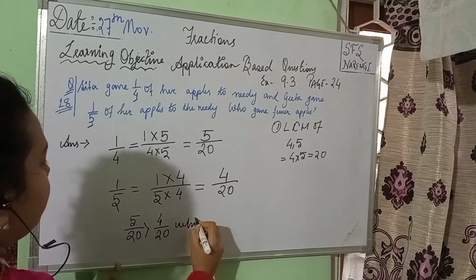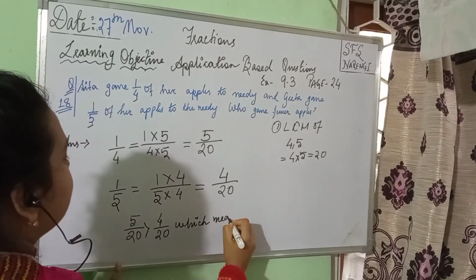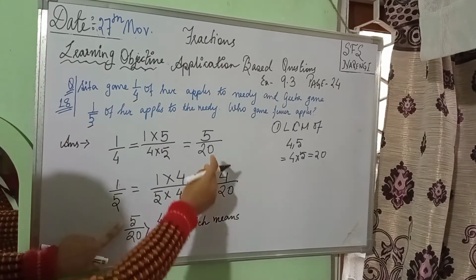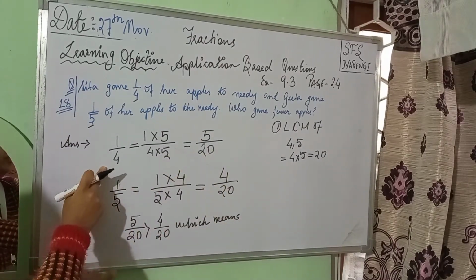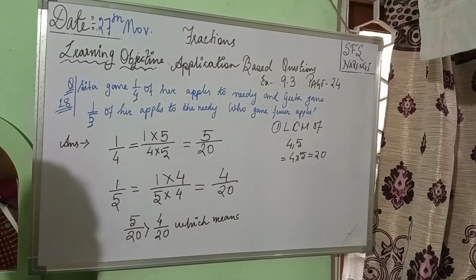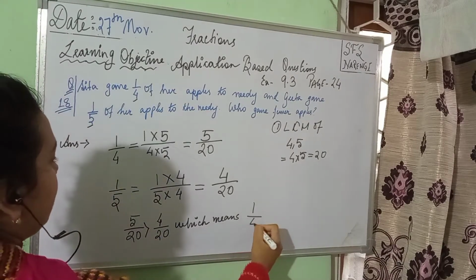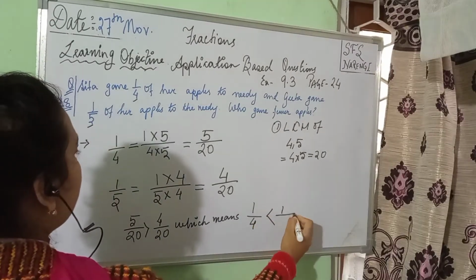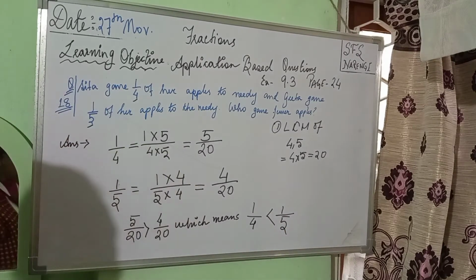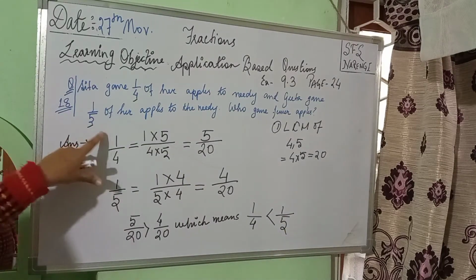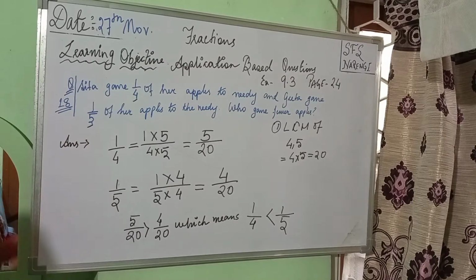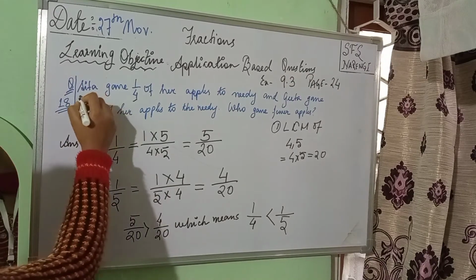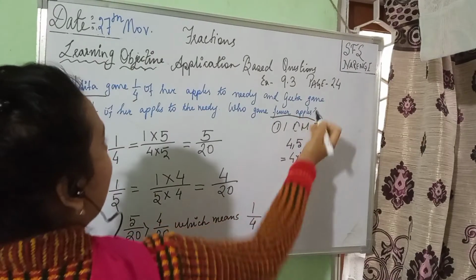Which means 5/20 is the same as 1/4. Is the equivalent fraction of 1/4. So I can say that 1/4 is less than 1/5. Right, children? And since 1/4 is less than 1/5, what does it mean? Sita gave fewer apples.